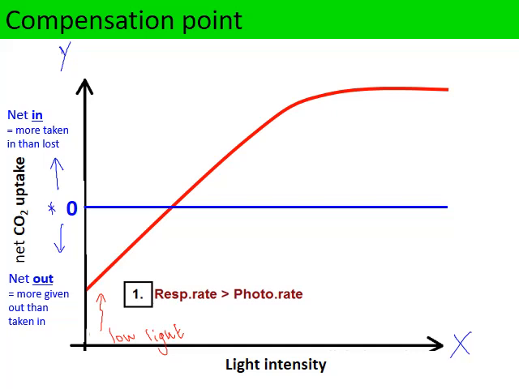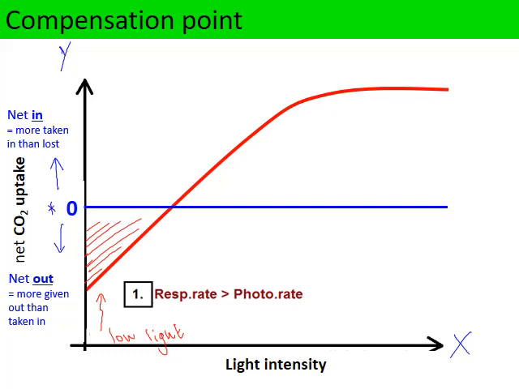So this portion of the graph could actually represent wilting or damage or lack of growth or even death of a plant, because the rate of respiration is a lot higher than the rate of photosynthesis. We know glucose is used up in respiration and it produces CO2, but the glucose comes from photosynthesis that takes in carbon in the form of carbon dioxide.